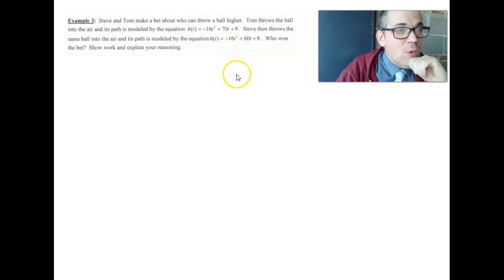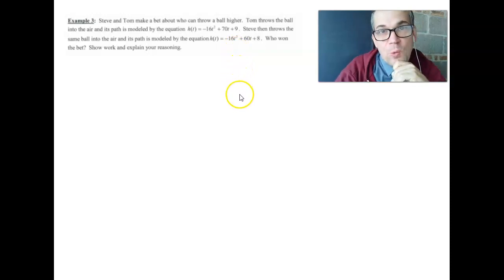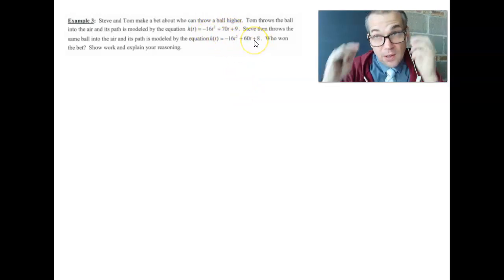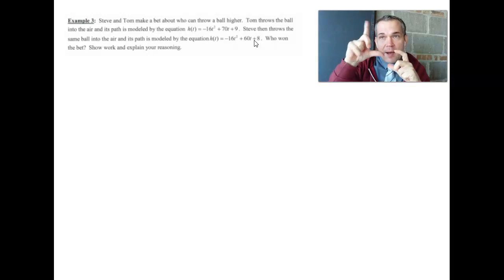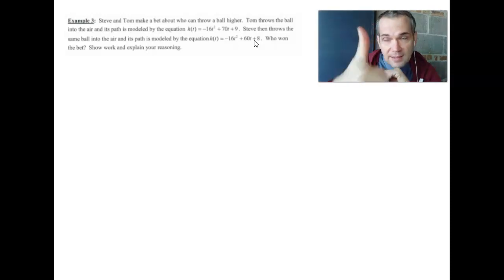The point is, if we want to figure out who threw the ball higher, we need to know the max height. So we want the y value of this guy's vertex and the y value of this guy's vertex. Even if all this velocity and initial height stuff isn't making sense, I hope the idea that the maximum height is the y value of the vertex makes sense. And I hope you all know that if you've graphed a quadratic, you know how to find the y value of the vertex.